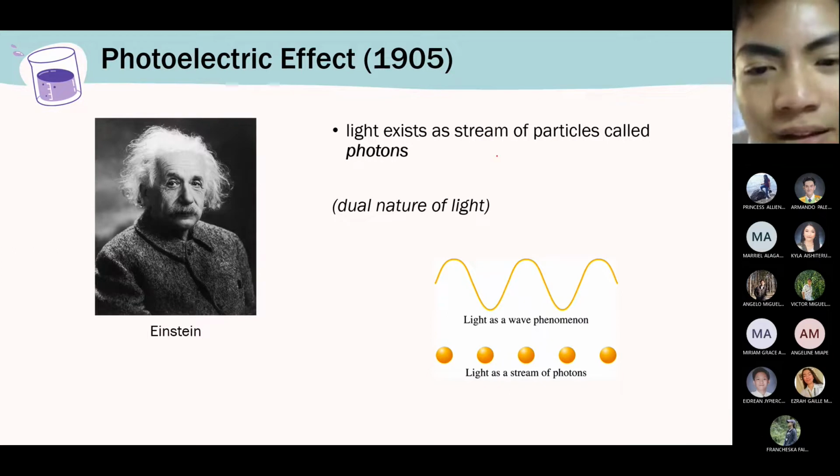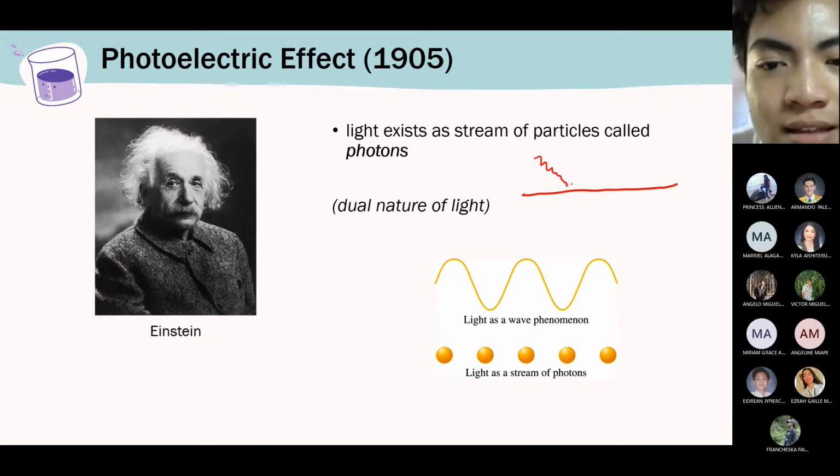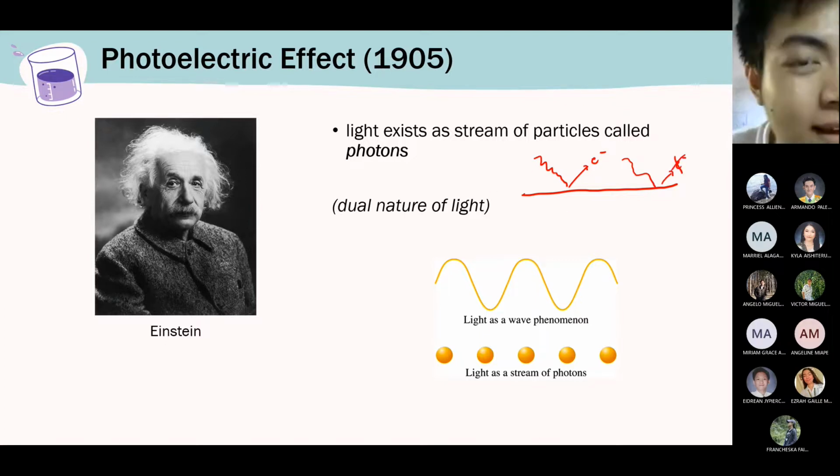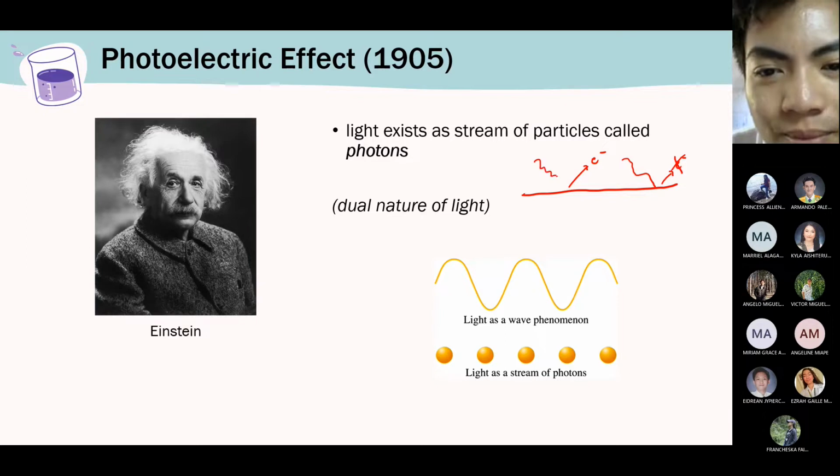So sabi niya, when our light hits matter, some frequencies can eject electron while some do not eject electron. So ibig sabihin nun, light can interact with matter. Ayun, yun lang naman yung sabi niya.